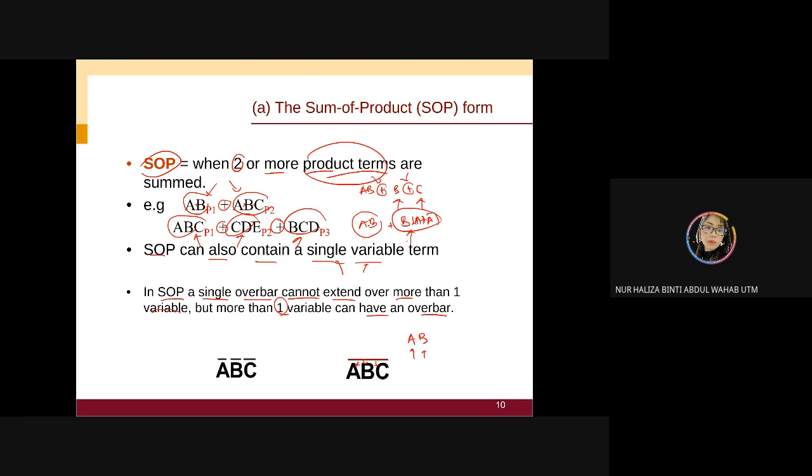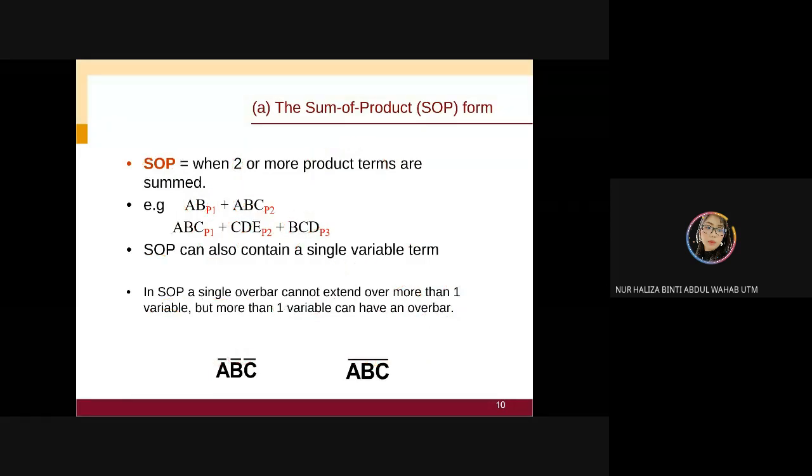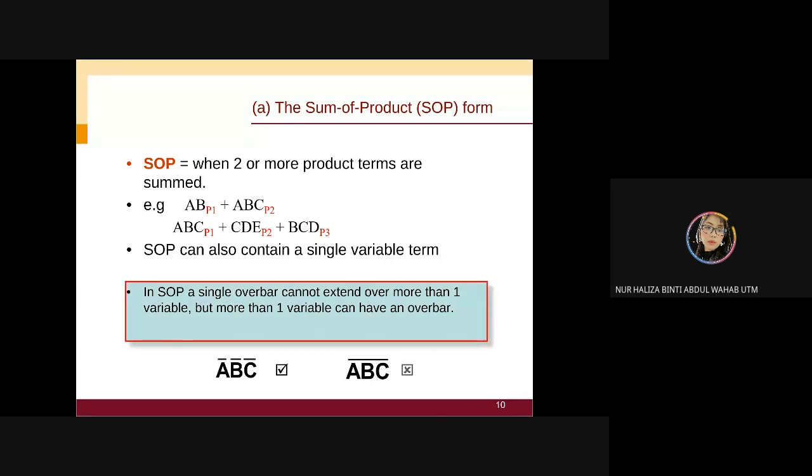It is mentioned not more than one bar: you have one single bar over two variables. But one variable can have an overbar. So you need to solve your long overbar here using De Morgan's theorem to be like this.